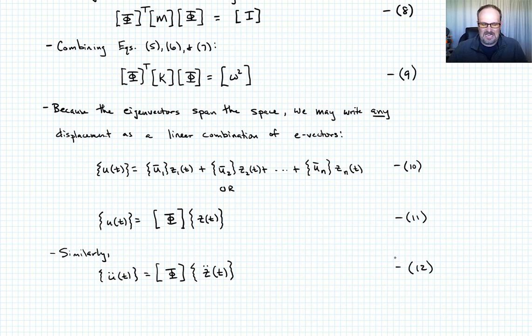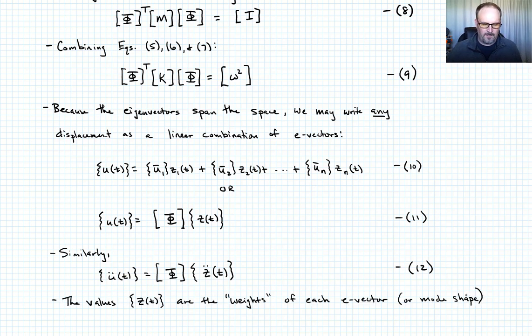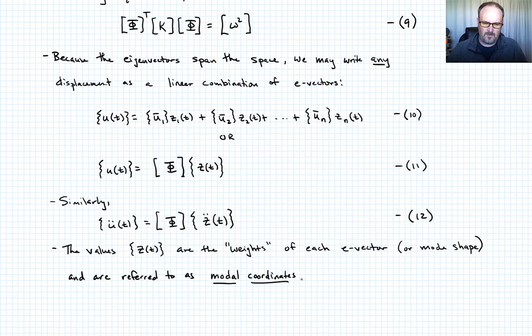So what is this z term? Well, we already can see it in equation 10. The z values are basically the weights of each eigenvector or mode shape. And they're referred to as modal coordinates. Okay, they also can be called modal displacements, or sometimes people will call them generalized displacements.